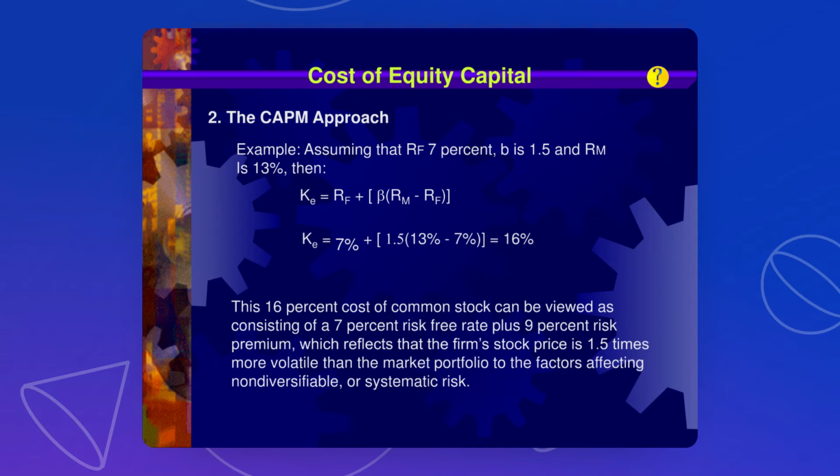How about the beta? The beta here is about 1.5, and the RM, the market return, is at 13%, and the RF, the risk-free rate, is 7%.